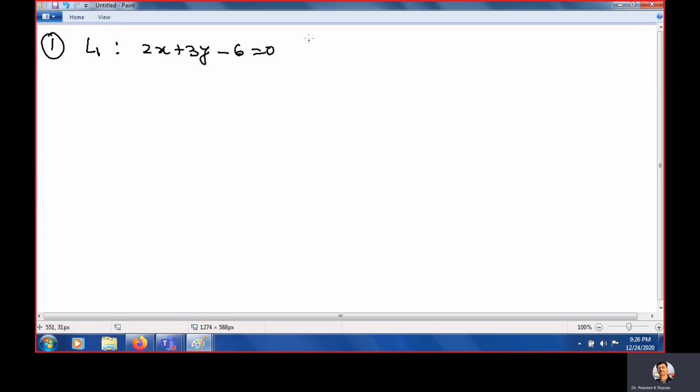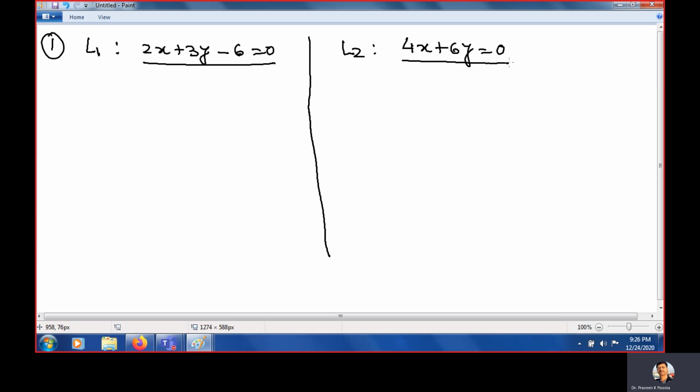This is line 1 and we will solve it here, and this is line 2, 4x plus 6y is equal to 0. This is the first straight line and this is the second straight line. You need to find whether these two lines are parallel or not parallel. So how can we check?